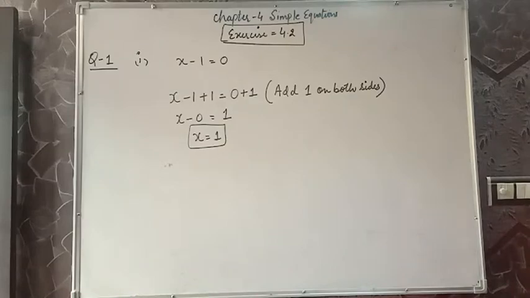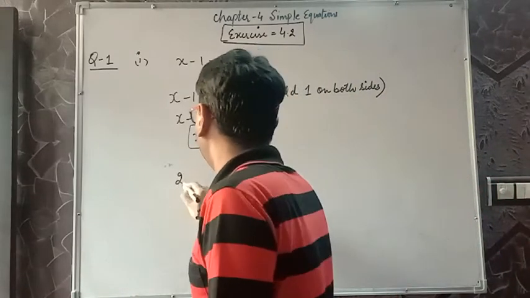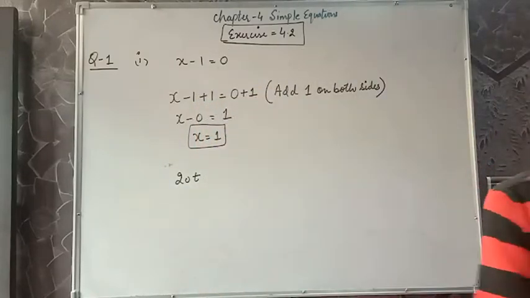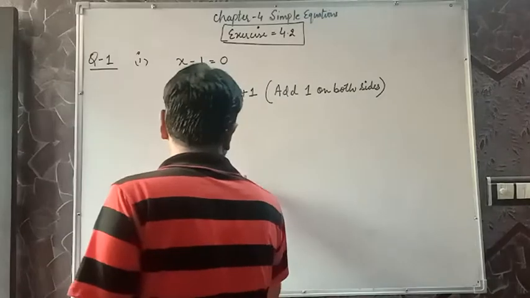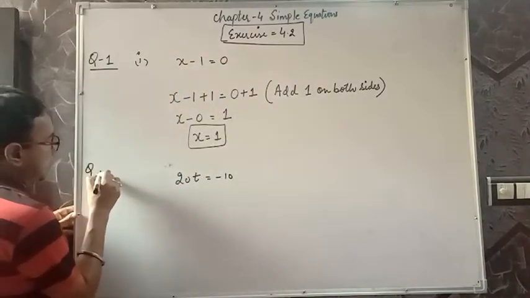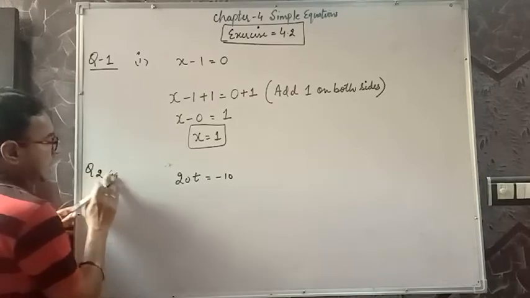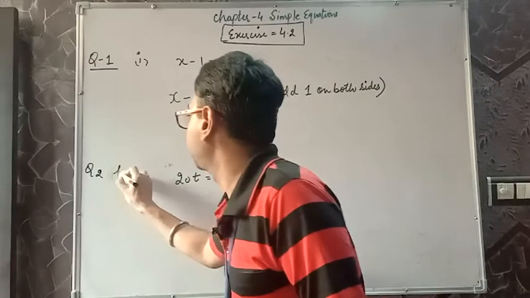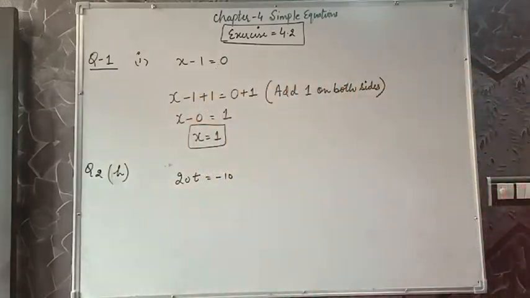Let me consider another one, 20t minus 10. It is question number 2, the last part, part H. 20t minus 10.